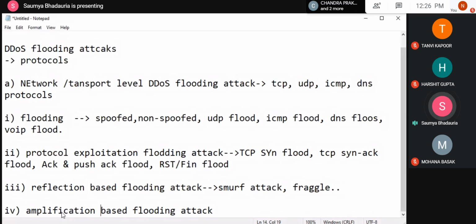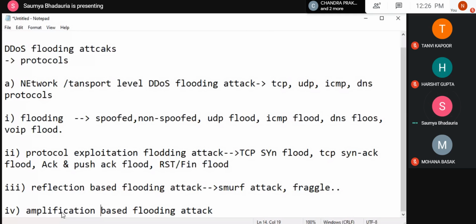Now we would find out those protocols or attacks which are established at levels other than the network or transport level. So the second basis is the application level DDoS flooding attacks.